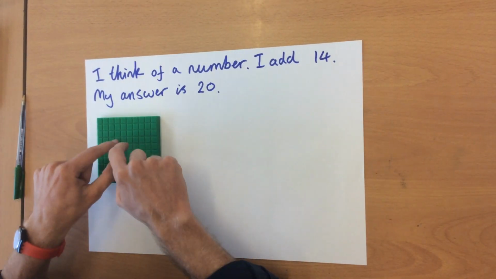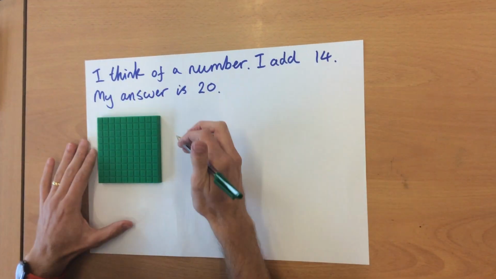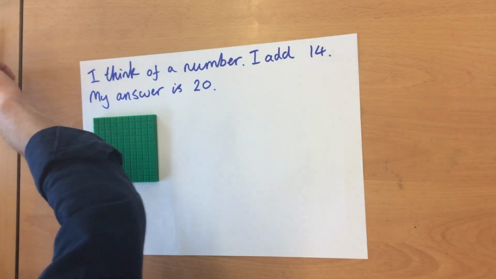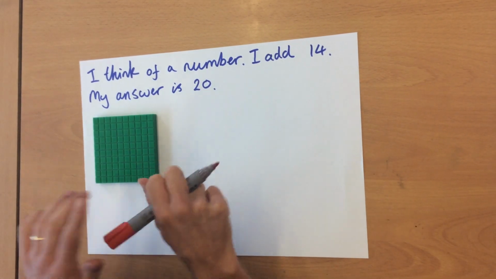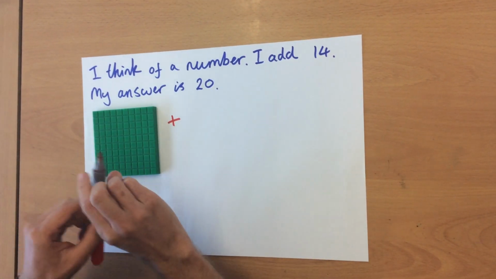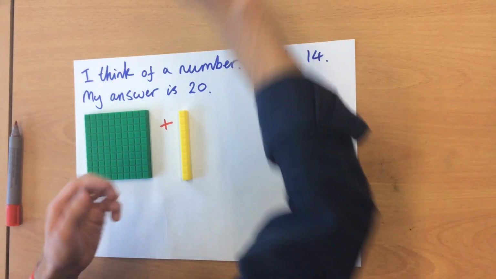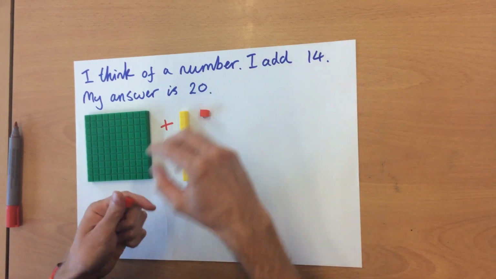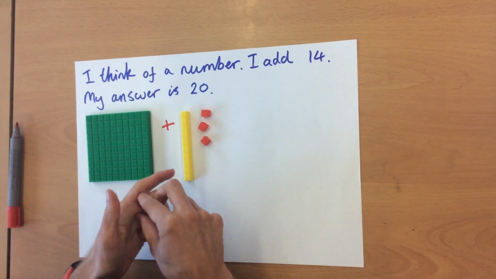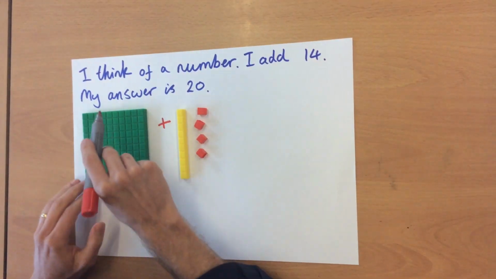I don't know what it is, but it's going to be this for now. Now, to this mysterious number, whatever it may be, I am going to add 14. So there's my 10, counting on, 11, 12, 13, 14.